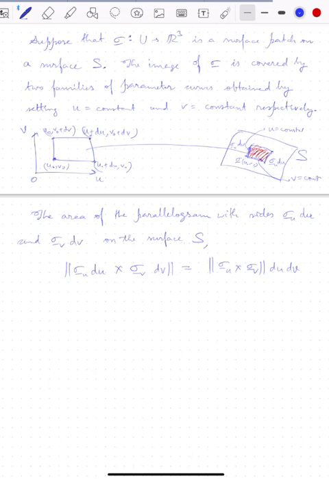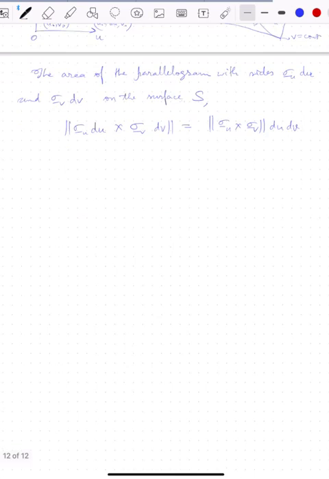So the definition goes as: the area A sigma of r, the part sigma r of a surface.